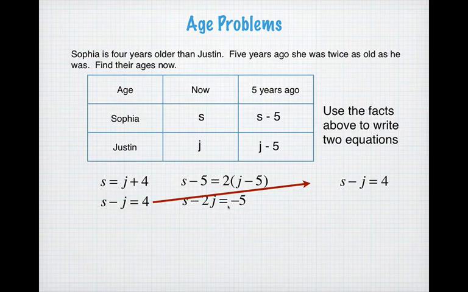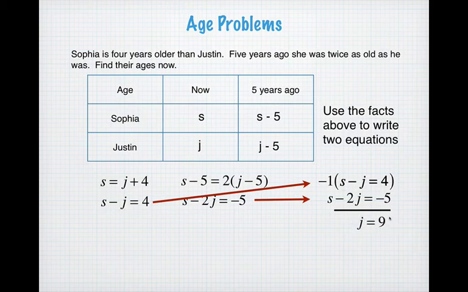Now I'm going to make two equations with two variables and use elimination to solve. Now I'm just going to multiply this top by -1, and it's not going to show up here, but you'll find out that J equals 9, and that would be Justin's age.